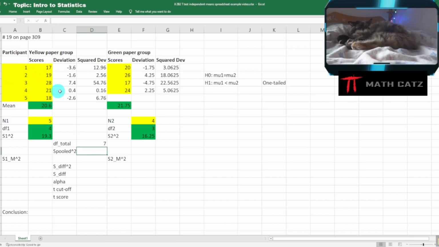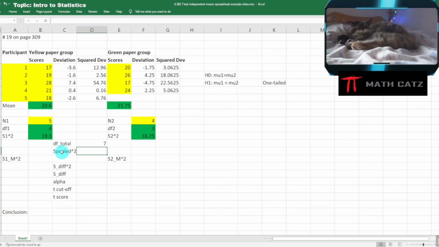Usually my system is to color the yellow cells as input, well, the input cells colored yellow, so I can see what's the given information, where does that sit, and then all the calculation cells are usually colored green. You can color them all. You don't have to. You can use your own color coding system or nothing at all. It's just a visual aid that is worth considering.